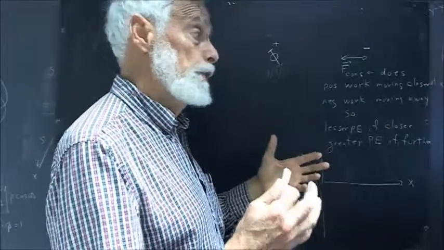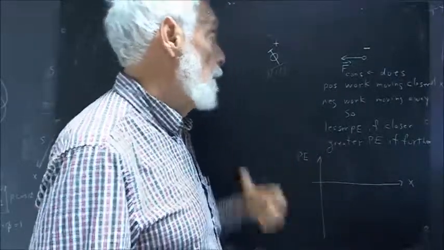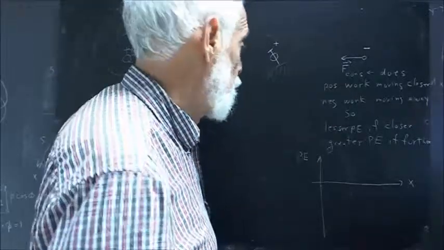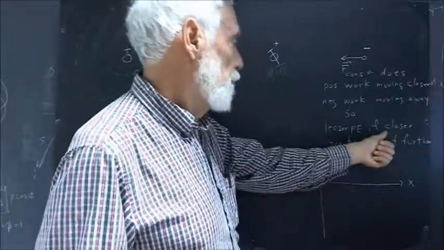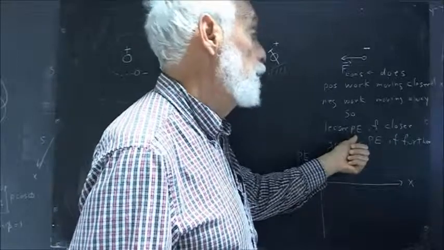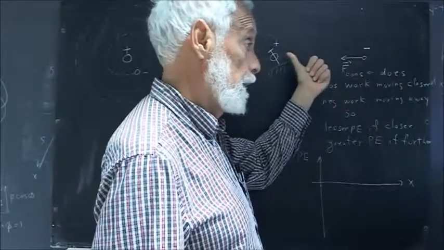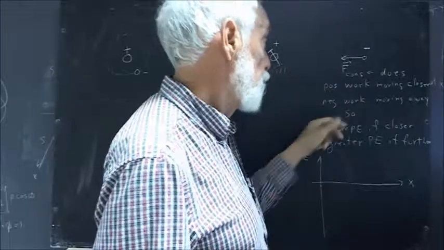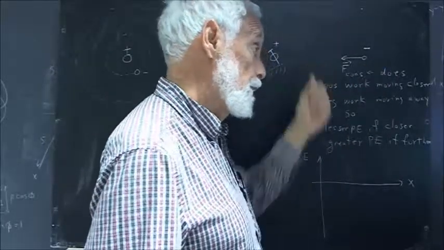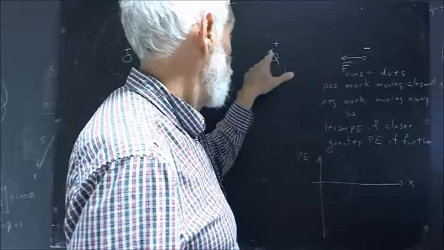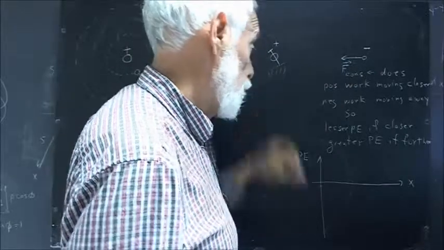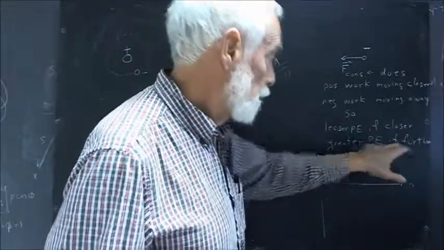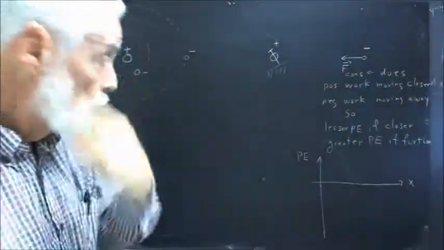Change of potential energy is equal and opposite to the work done by the conservative force, which means that as it moves closer, your PE decreases. You have positive work done here. The change in PE is equal and opposite to that, so it's negative. So you're losing potential energy as you move toward the positive charge, and you're increasing potential energy if you move further away.